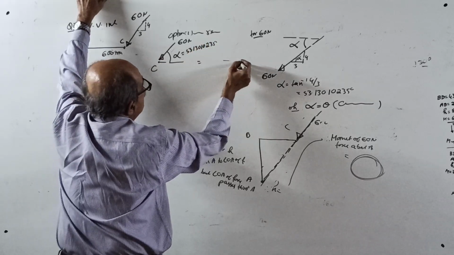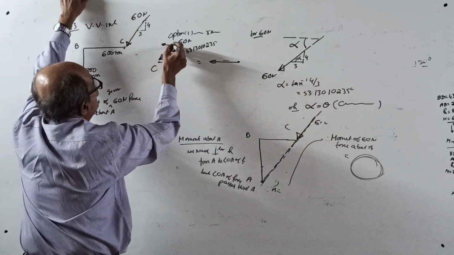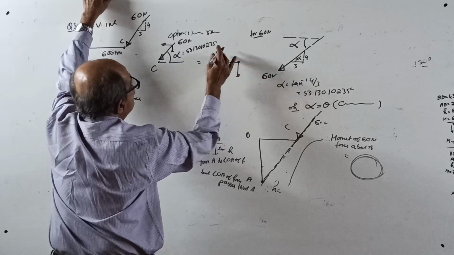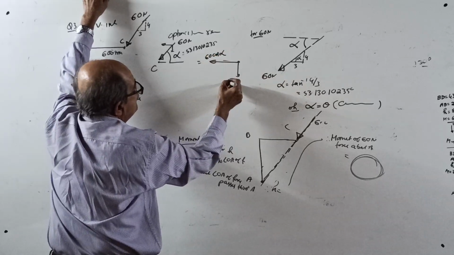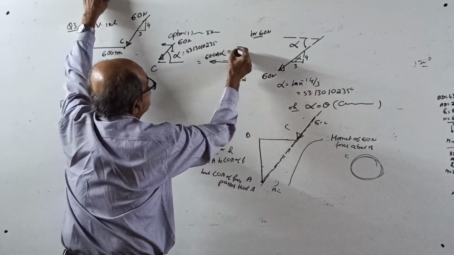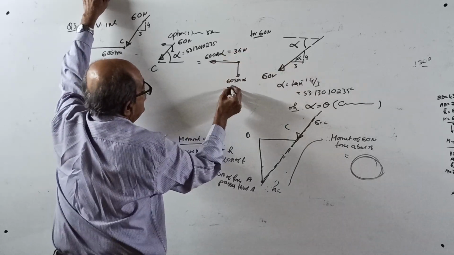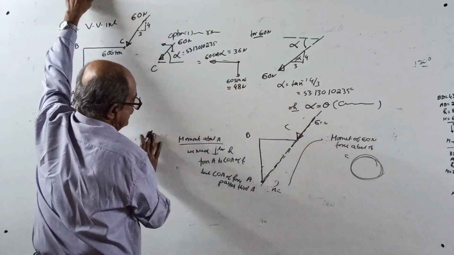This will be equal to a horizontal left component and a vertically down component: 60 cos alpha is 36 Newton, and 60 sin alpha is 48 Newton. I know it.